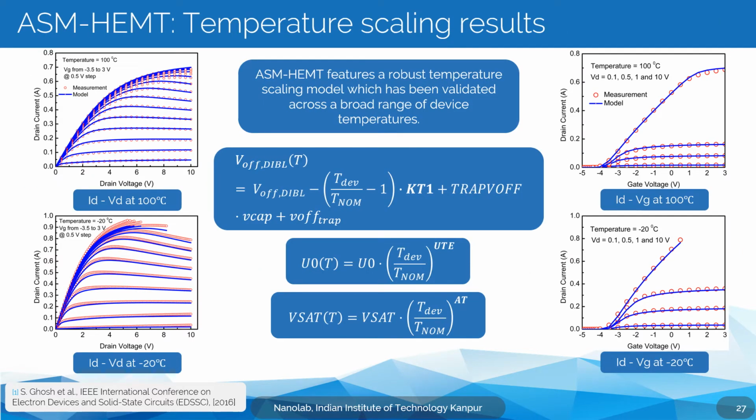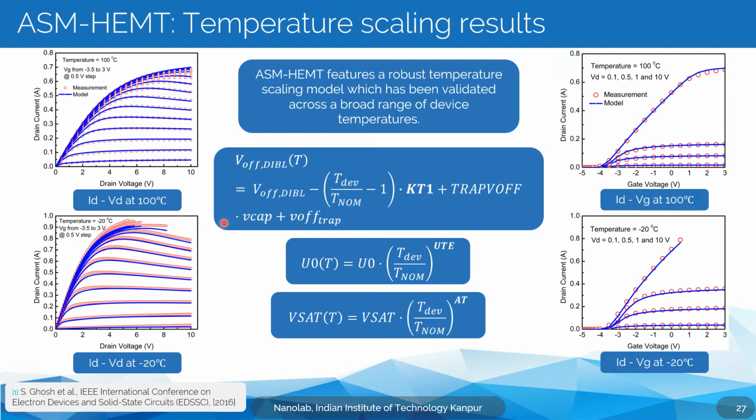Now we talked about the temperature dependence of the access region. There's also a temperature dependence of the core model itself, since the core model also has a 2DEG layer, and that 2DEG has a certain temperature dependence which needs to be captured. So this is the temperature scaling, the model and the results of the ASM-HEMT.